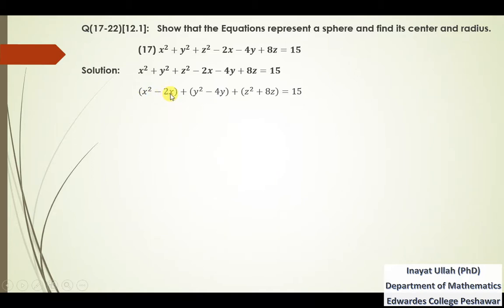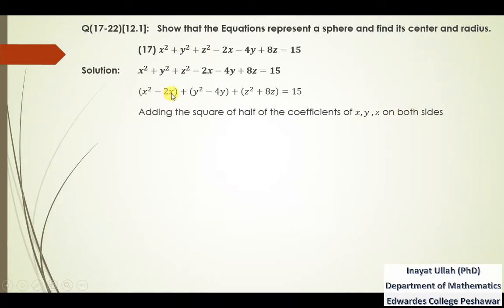The coefficient of x is 2, the coefficient of y is 4, and the coefficient of z is 8. We need to add the square of half of the coefficients of x, y, and z on both sides. What does it mean?